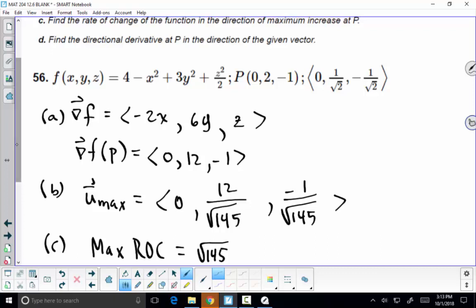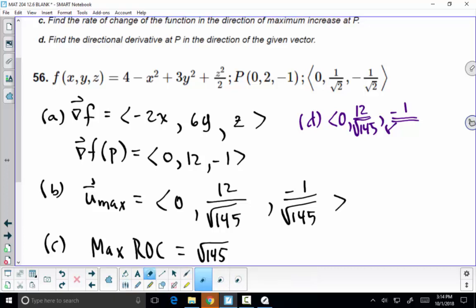So the directional derivative, we take our gradient vector, and all we do is dot it with the unit vector. Square root of 145. Trying to write quickly. We just dot it with 0, 1 over root 2, minus 1 over root 2.